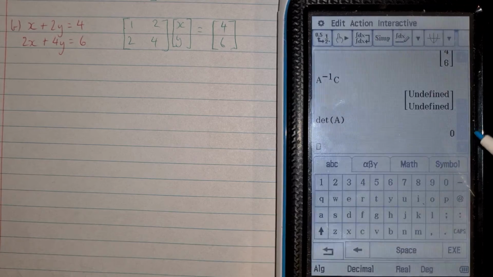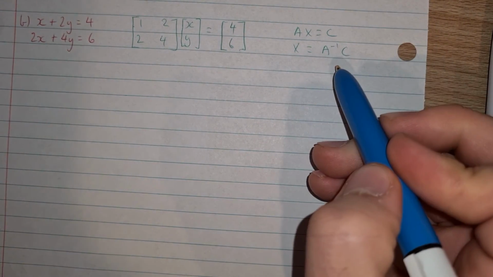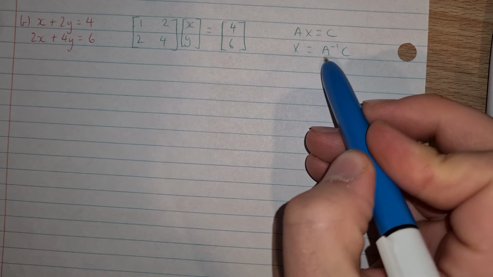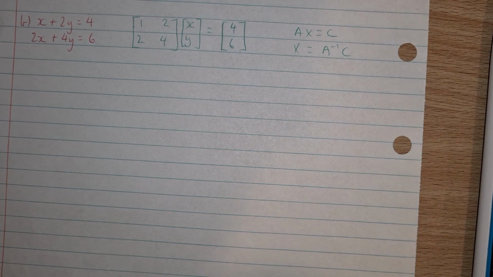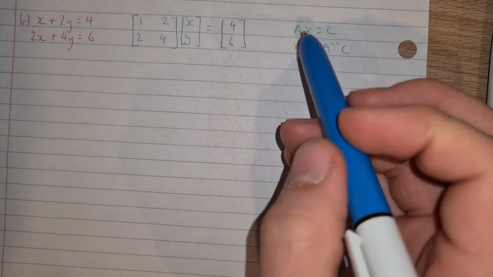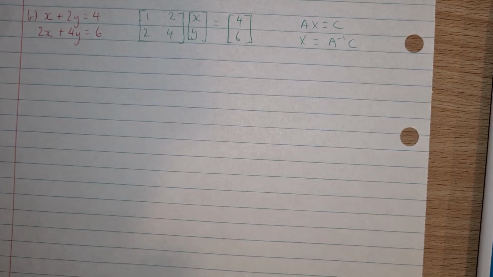So because the determinant of A is 0, that means that the inverse of A does not exist. So when the calculator tried to work out the inverse of A times C, the inverse of A just doesn't exist. Therefore, there are no solutions for these sets of equations.